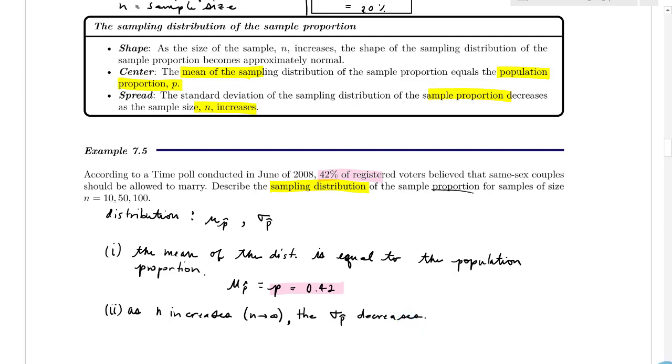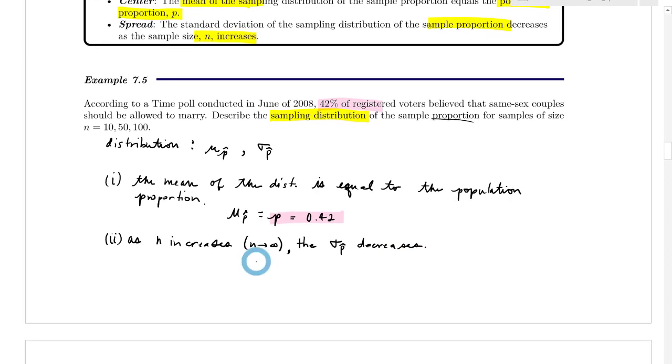And that makes sense because you can only assume we're going to divide by that square root of n. So as n goes from 5 to 10 to 100, we expect sigma sub p hat to decrease.